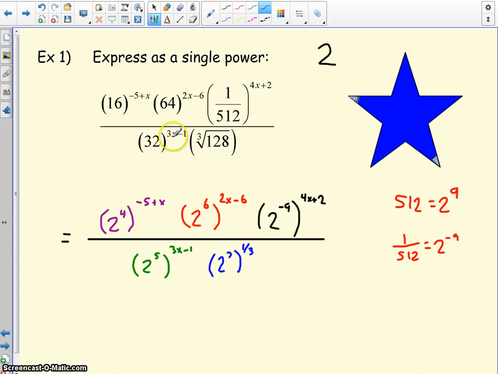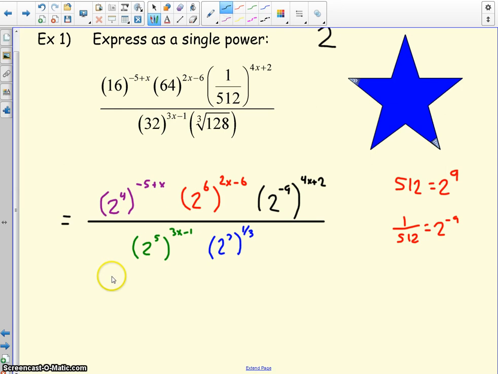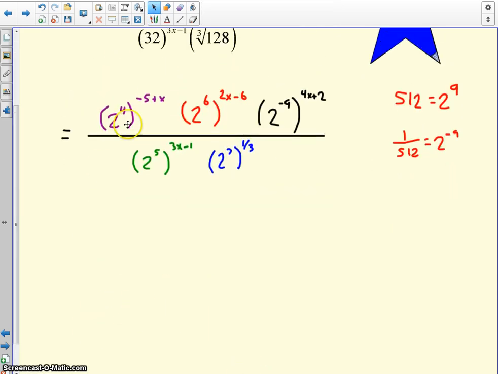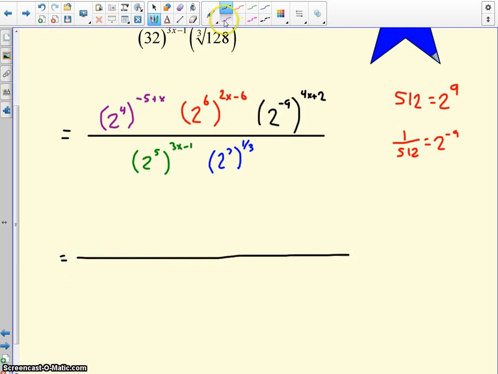So the first thing I've got to do, of course, is that in all these situations I have a power of a power, so I need to multiply these exponents. I'm going to do that next. So I have here 2 to the exponent of 4 times negative 5 plus x. So distribute the 4 through here. 4 times negative 5 is negative 20, 4 times x is 4x, so negative 20 plus 4x.